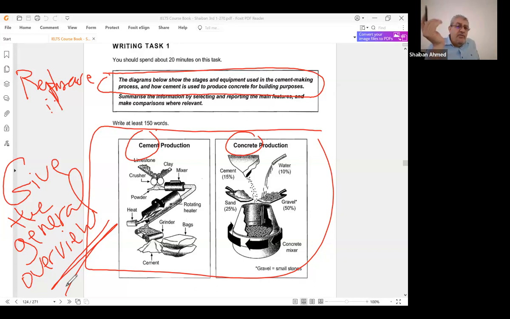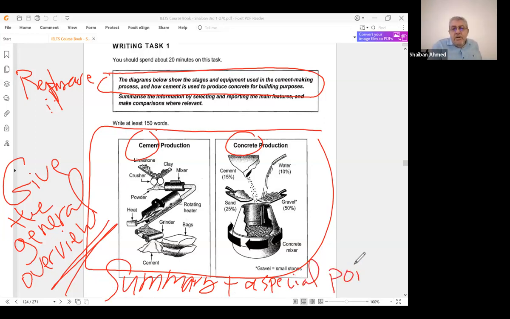Okay. General overview. We said it's the summary plus a specific point or a special point. What's the summary here?